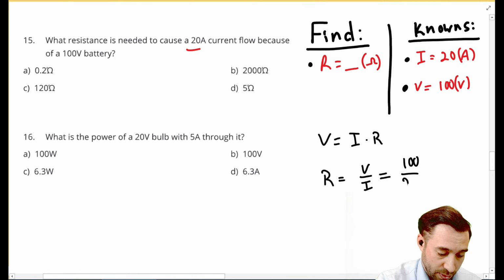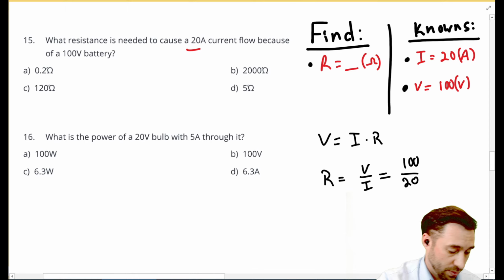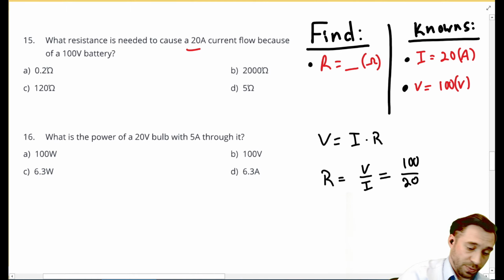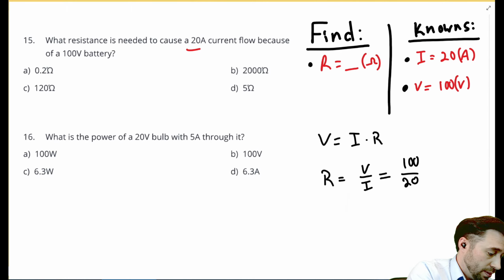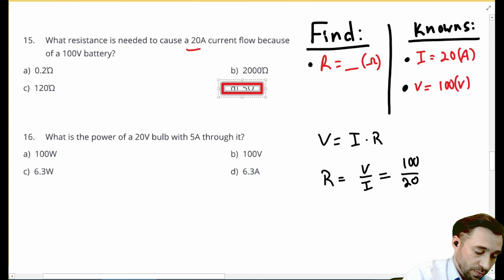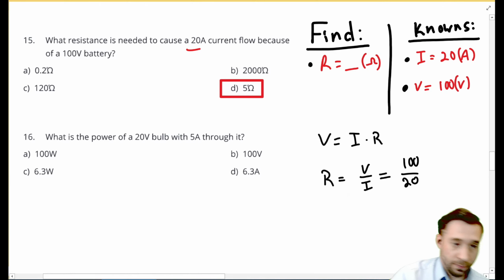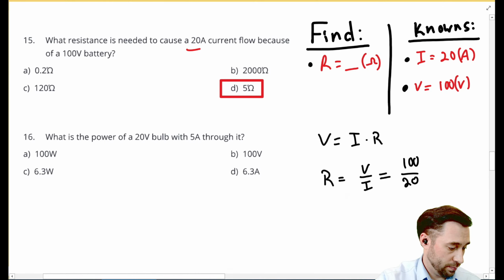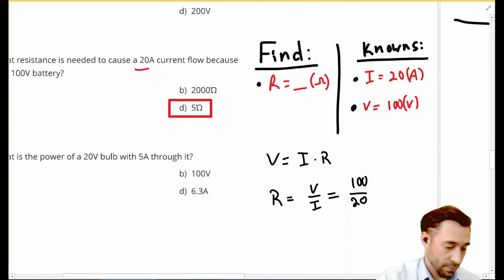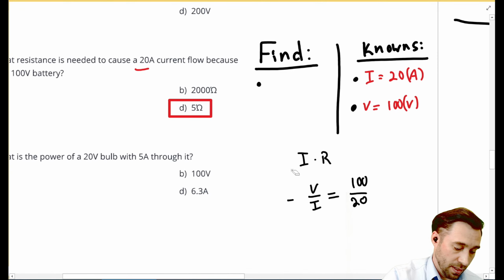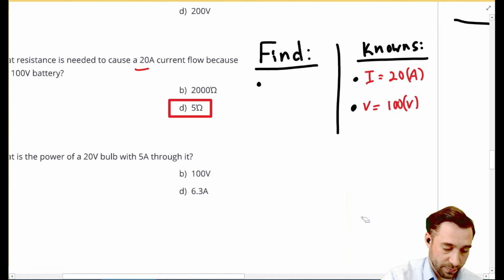My current is 20. So 100 divided by 20, and it's supposed to be in ohms. I get 5 ohms. Cool. Easy peasy lemon squeezy.